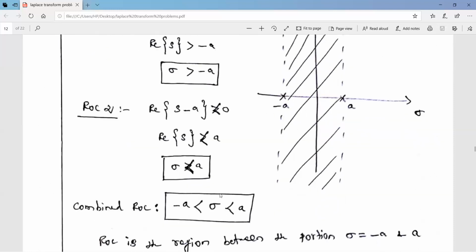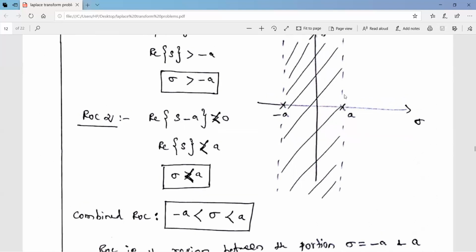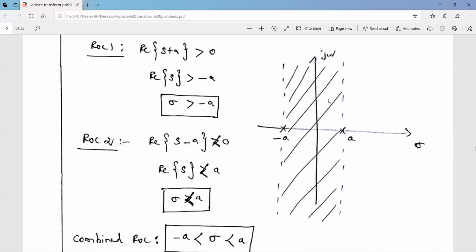According to this ROC statement, the sigma value should be less than a but greater than minus a. Which region satisfies this condition? Sigma less than a means this region, and greater than minus a means this part. The region where the two ROCs intersect is the center region.